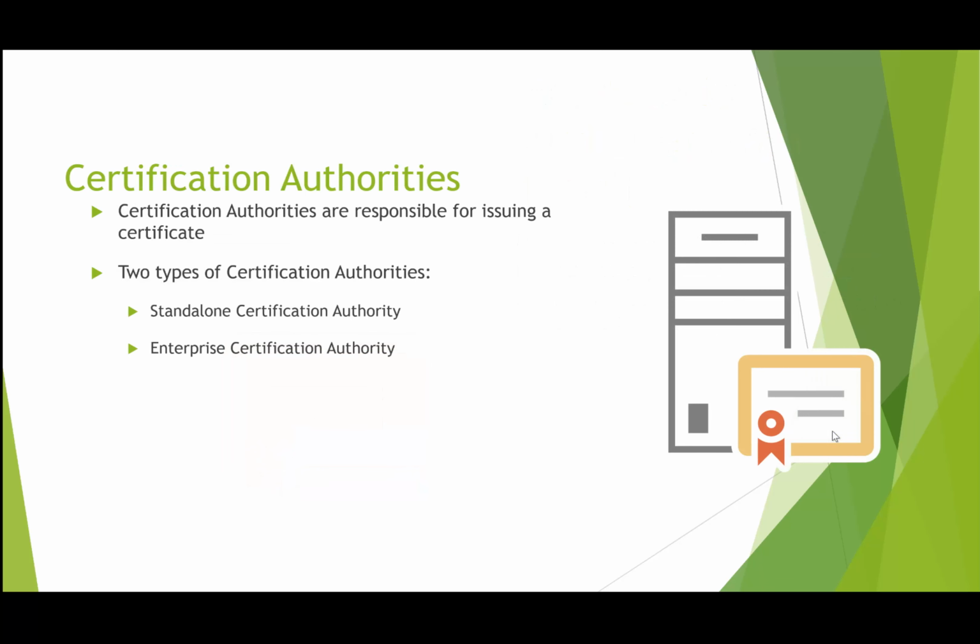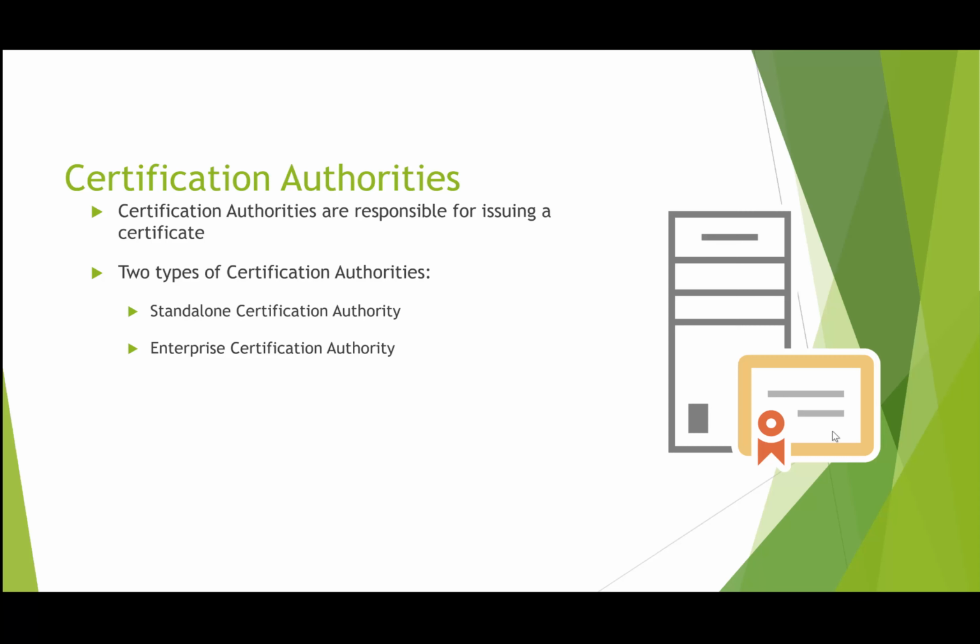There are two types of CAs, at least in Microsoft terminology, right? There's a standalone CA and an enterprise CA. The main difference is that an enterprise CA uses certificate templates and a standalone CA does not. Sometimes folks think about standalone CAs being like offline CAs, but it's not necessarily the case, because standalone CAs can be domain joined.